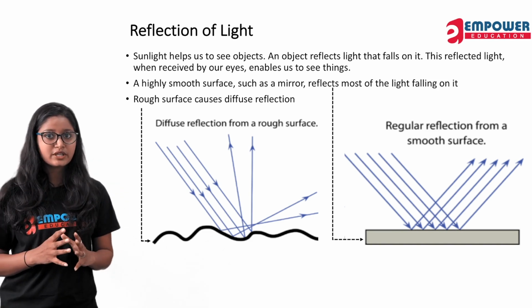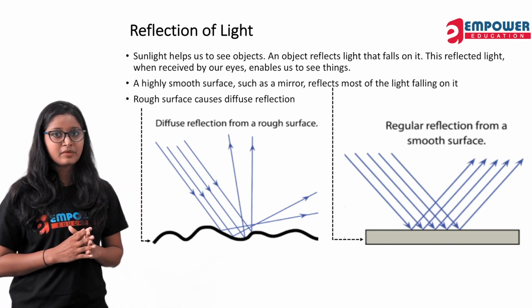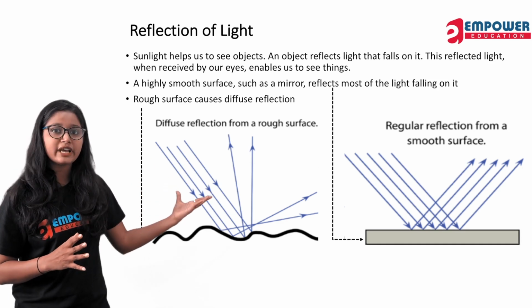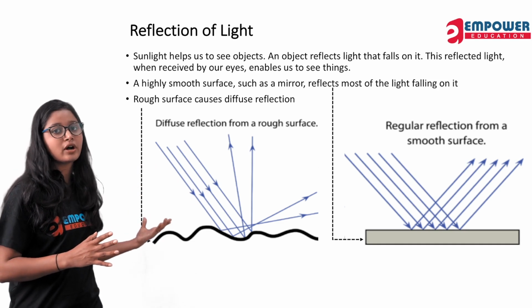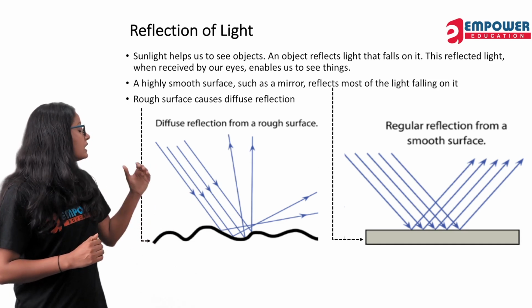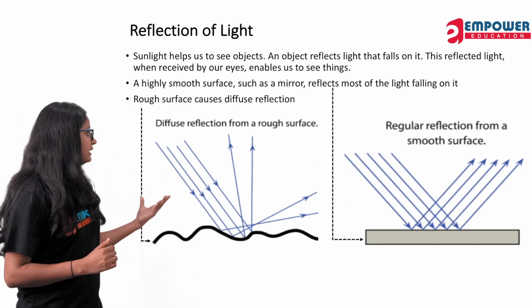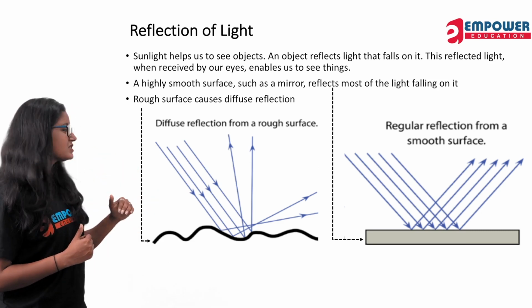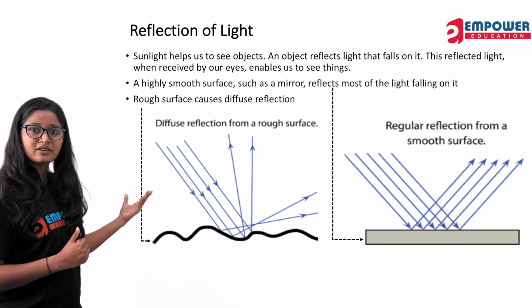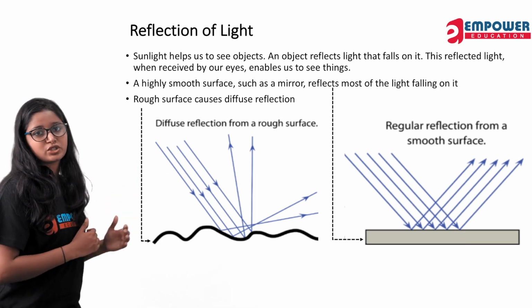Now, you can see in this diagram, I have shown reflection on a smooth surface and reflection on a rough surface. If you look clearly at the reflection on a rough surface, you see the reflected rays are not parallel to each other.